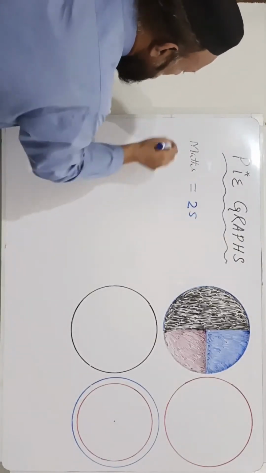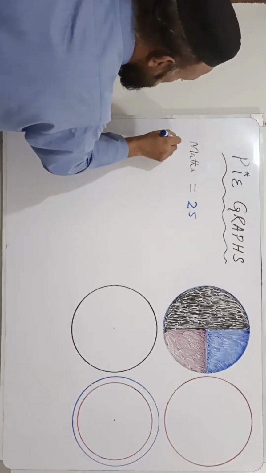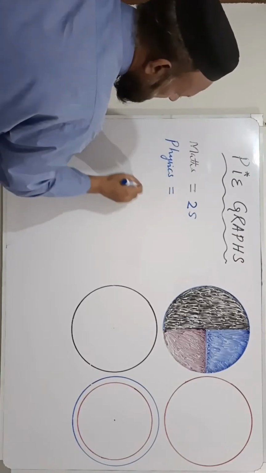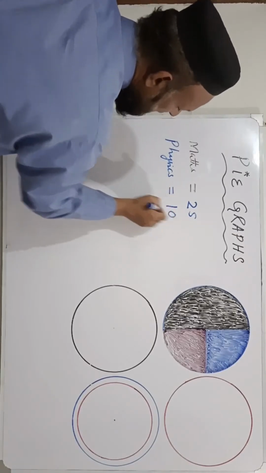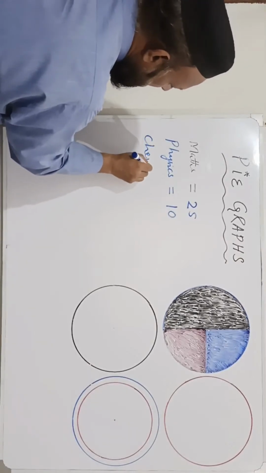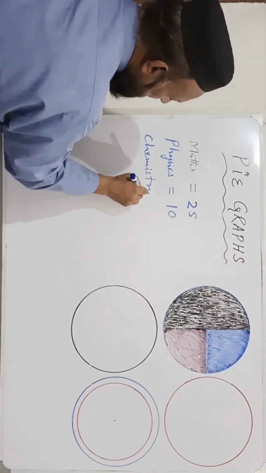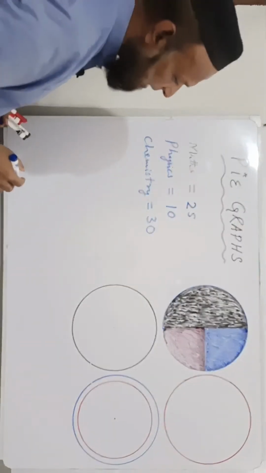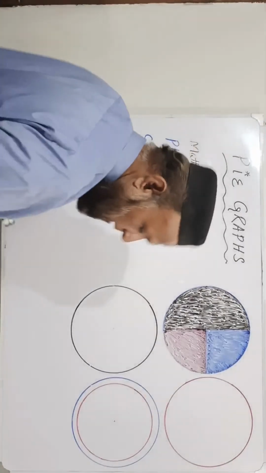Okay. Let's suppose physics, 10% of the class likes physics, and 30%, 30 students of the class like chemistry.